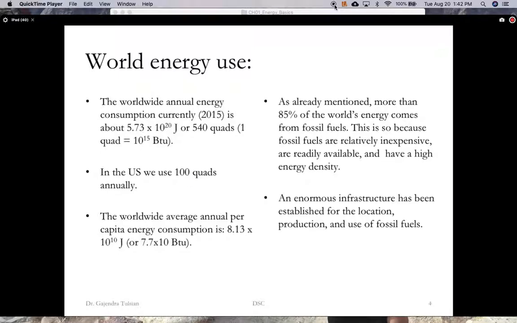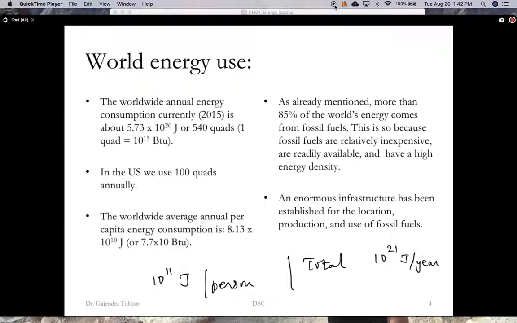Anyway, so we'll talk about all of that. So, the worldwide average annual per capita energy is 8 times 10 to the 10 joules, which is roughly 10 to the 11 joules. Okay, so per capita, it's 10 to the 11 joules per person. And the total energy use is about 10 to the 21 joules per year.